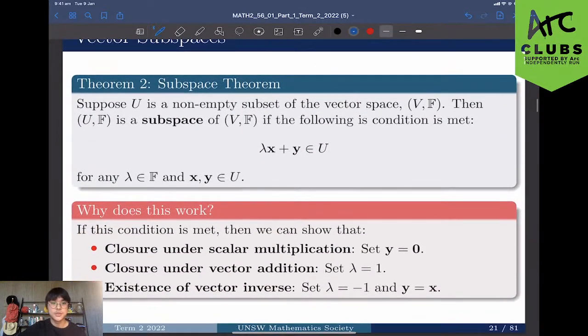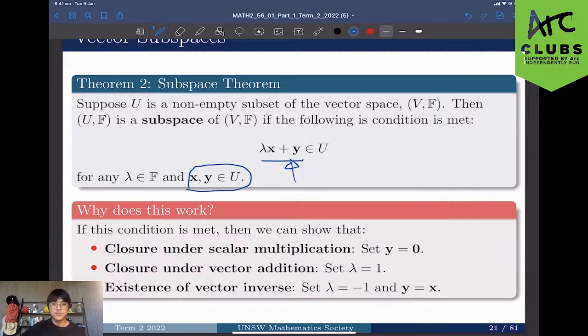So we have the subspace theorem. Suppose U is a non-empty subset of a vector space V, then U is a subspace of V if the following condition is met. For x and y in U, if this is also in U, then that's how we know that U is a subspace of V. And this formula here just joins two steps.